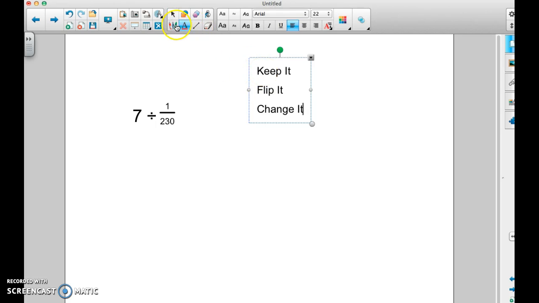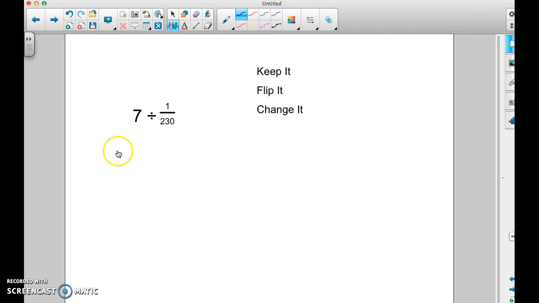Now, if we have, and we're going to follow what Samantha said last time, change this to 7 over 1 divided by 1 over 230. I like that. Now, Samantha, you say keep it, right? 7 over 1.